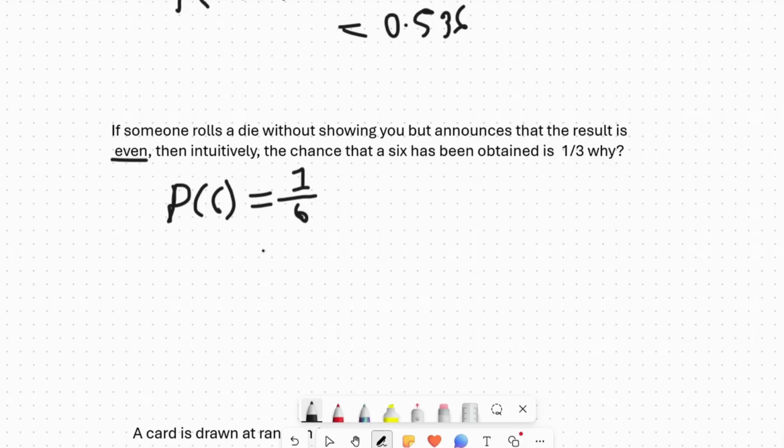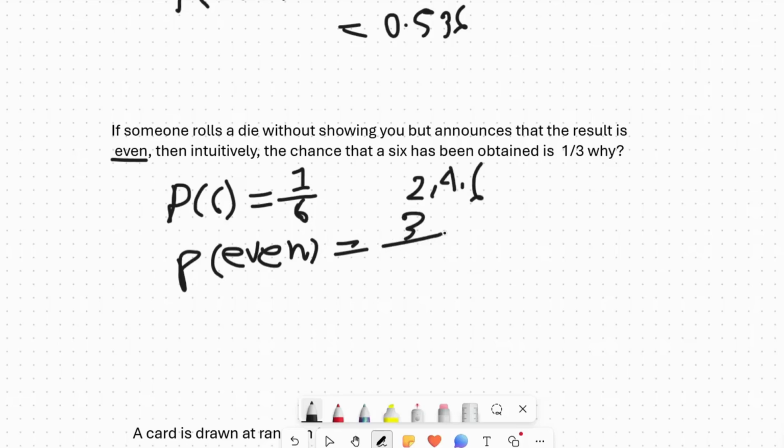And what are the even results? The probability of even: there are 3 numbers which are even, 2, 4, 6. So this will be 3 by 6.